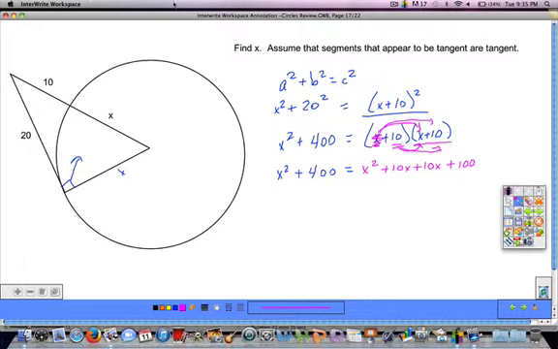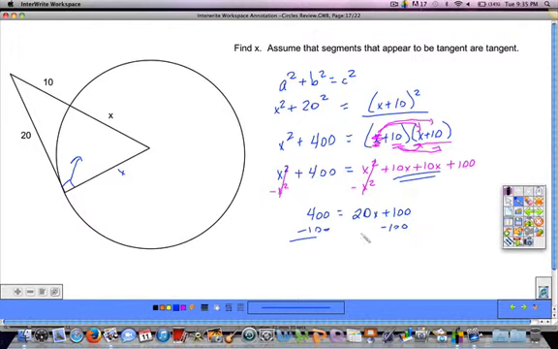Okay? Something you should notice, if we start with x squared, if you subtract x squared here, no matter where you do it, those cancel. Okay? So I'm left with 400 equals, well, let's go ahead and combine these, shall we? 10x plus 10x is 20x plus 100. Get these two together because we want to get x by itself.